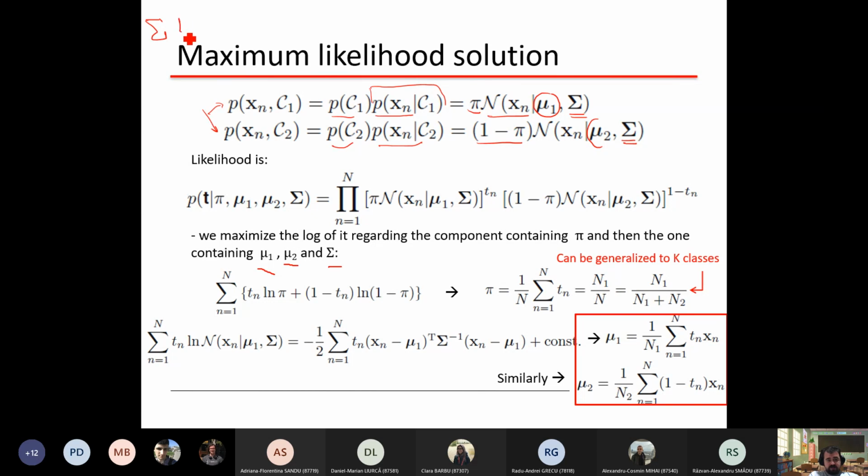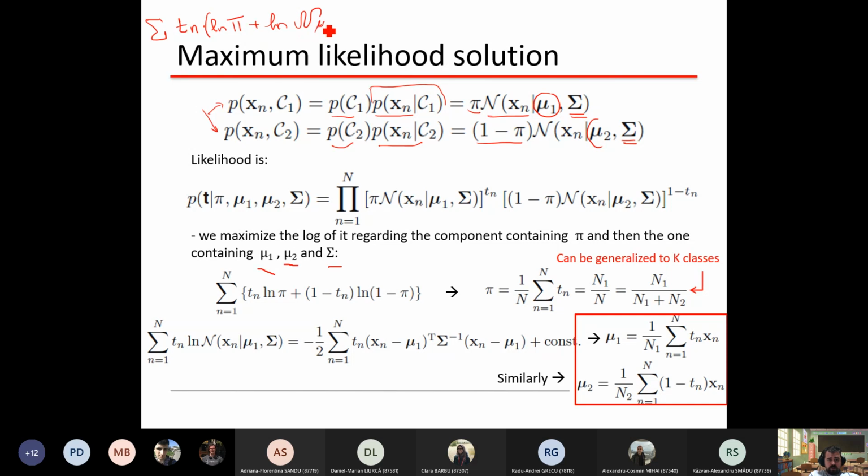We will have t_n multiplied by, the power going in front of the logarithm, so t_n log pi plus the log of the Gaussian depending on mu1.